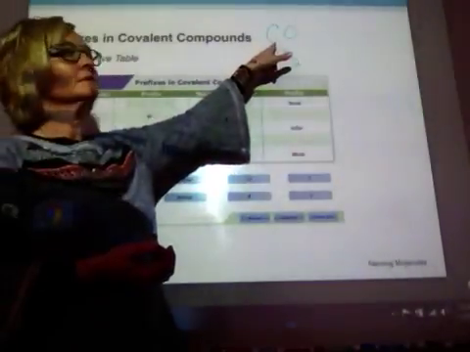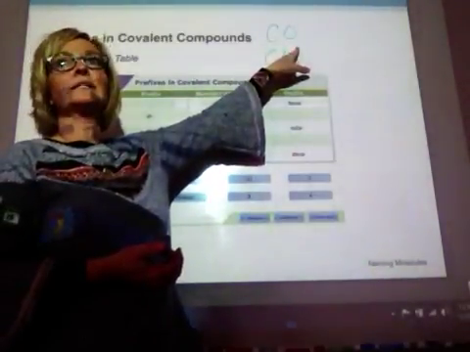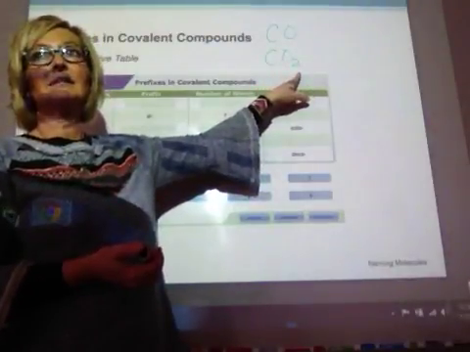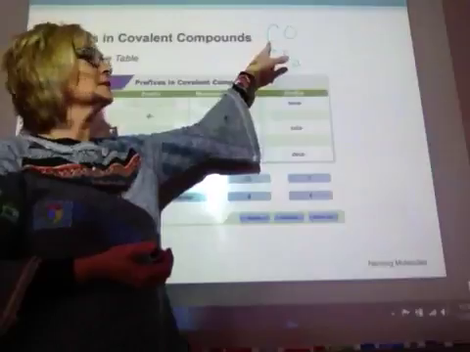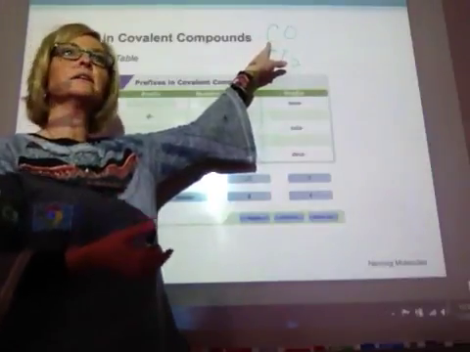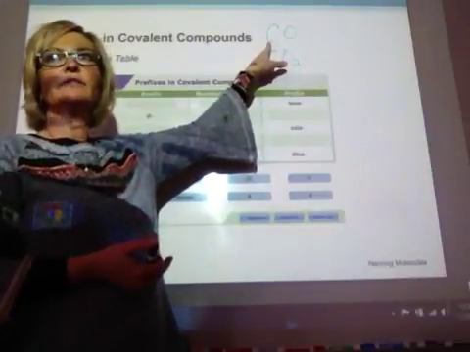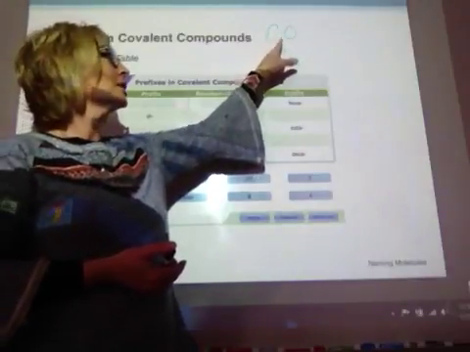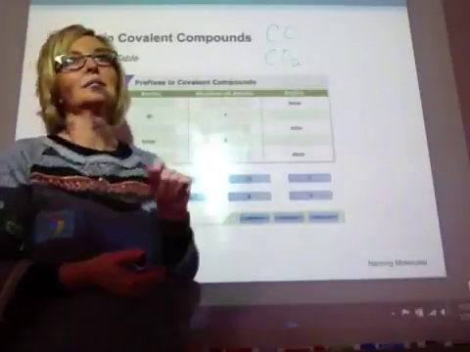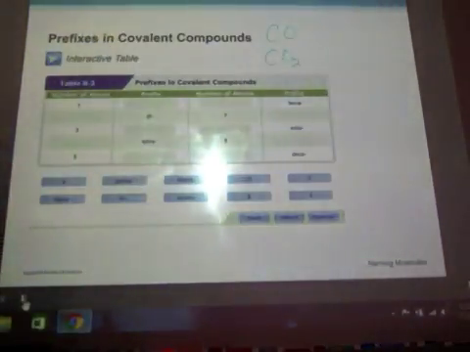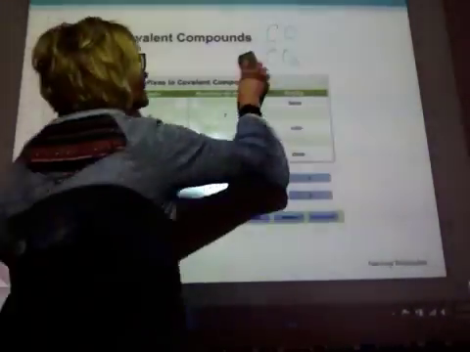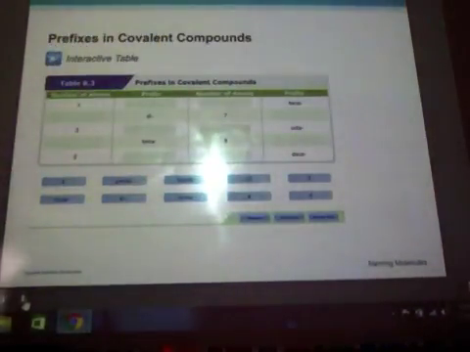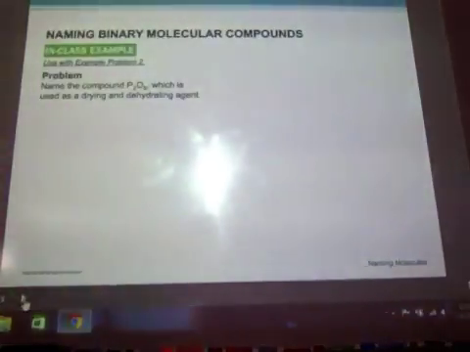This is carbon monoxide. This is carbon dioxide. And notice, if it's the first name, you don't have to use mono. You just leave it as carbon. So carbon monoxide, carbon dioxide, they are different things. This table is on your website, and I will have you do that on your own. I'm not going to fill it in for you.